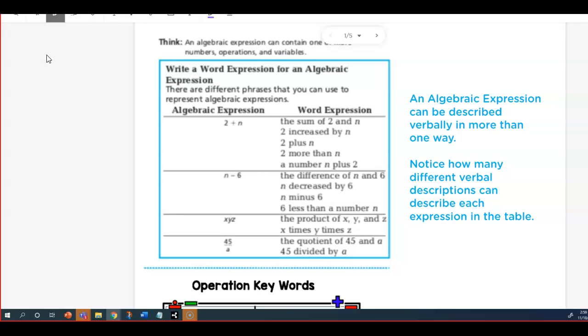Okay, so that's 5 different ways to say the same thing. So what we need to do is pull out keywords from these phrases and build our expressions with them.